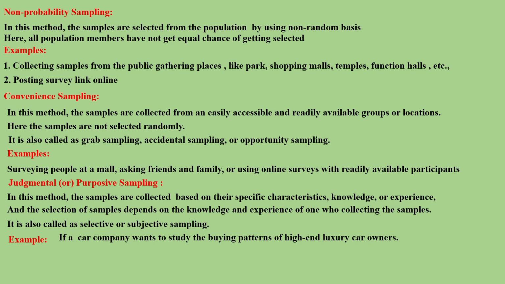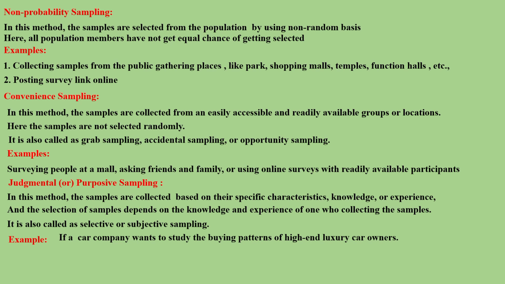This is purposive. So we need to go and ask them about the high-end luxurious car types and their facilities, their features. If you want to ask, you have to go to those particular people only, not the general public. So you have to judge the people, and then you have to ask for their opinion. This is purposive.